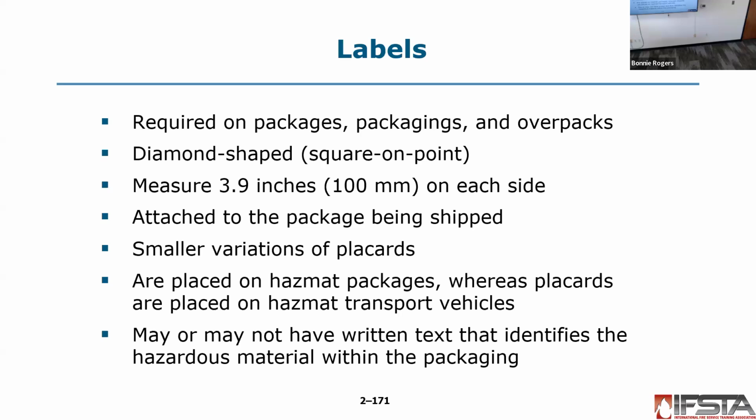Same shape, but smaller, and again there are specifications: 3.9 inches, in metric it's 100 millimeters. So to sum it up, labels are placed on hazmat packages, whereas placards are placed on hazmat transportation vehicles.